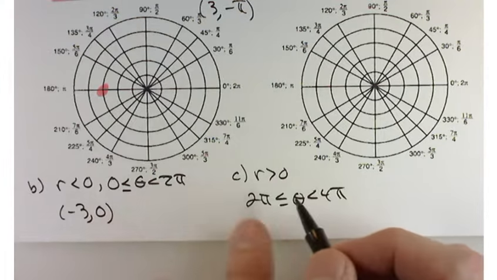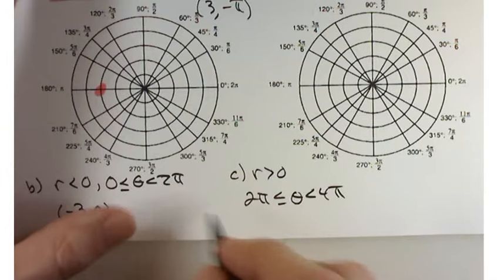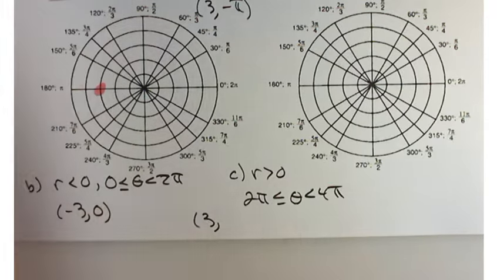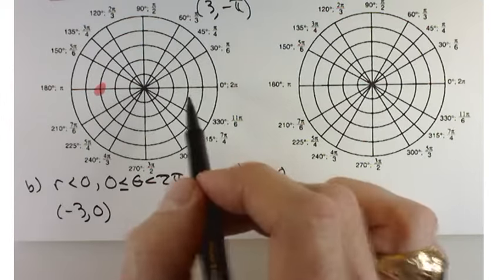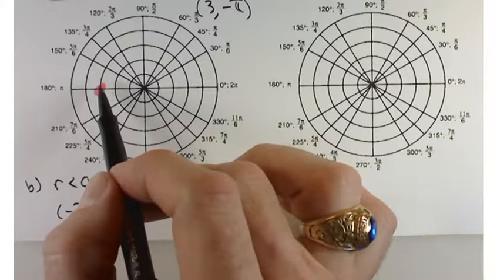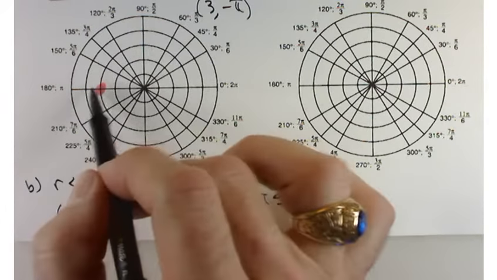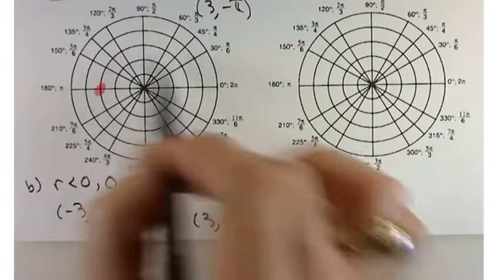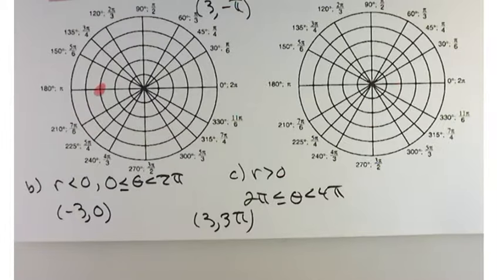Last one, part C. This time we want a positive radius, so no choice there. The radius has to be 3. And an angle between 2 pi and 4 pi. So it means I'm going to have to go more than once around. So I'll go pi, and then another pi, and then another pi. Effectively, I've gone 3 pi to get to that point.